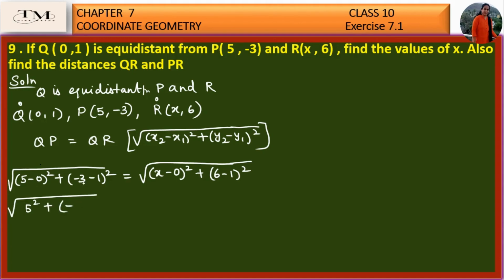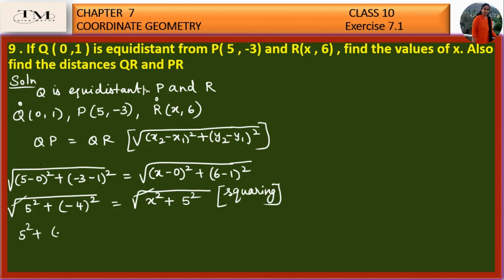Put the negative sign and add the numbers, so it is (-4) whole square, equal to x minus 0, which is x. So x square plus 6 minus 1 is 5, so 5 square. If you square on both sides, these roots get cancelled. So you will get 5 square plus (-4) whole square equal to x square plus 5 square.